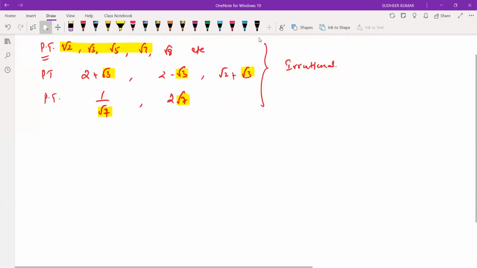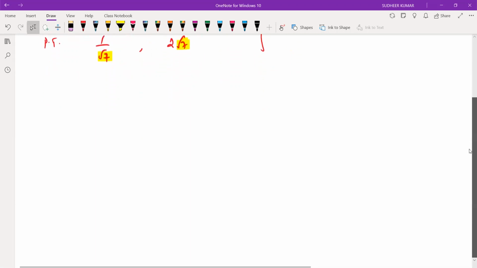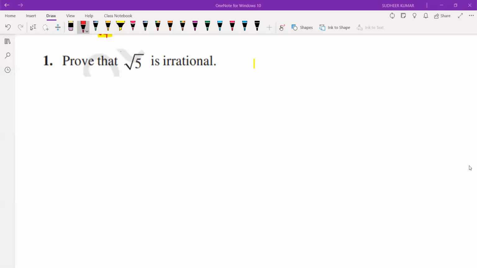Root 2, root 3, in examples they solved. So let us see root 5, prove that root 5 is an irrational number. This is given in the first question, exercise 1.3. If you learn this, you can easily prove root 2, root 3, root 5, root 7, root 8, any number which is irrational can be easily proved.